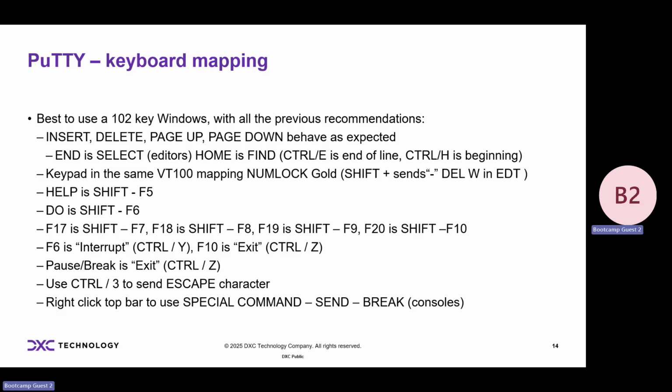And your F17 to F20, Shift-F7, F8. So your whole keyboard is available to you in PuTTY. F6 is interrupt, and F10, Pause and Break is exit. If you want to send an escape, Control-3 will do it for you.